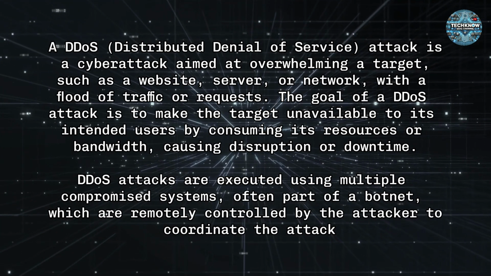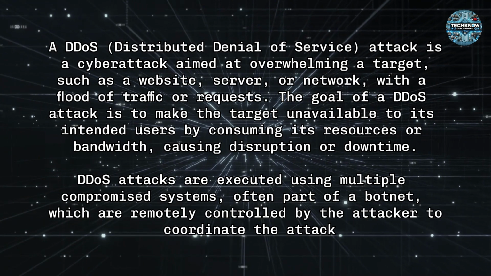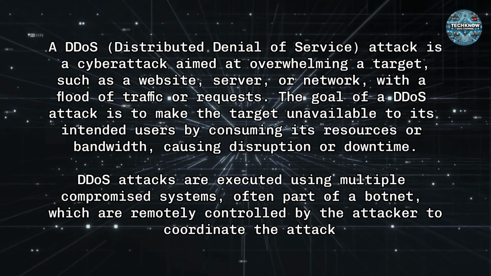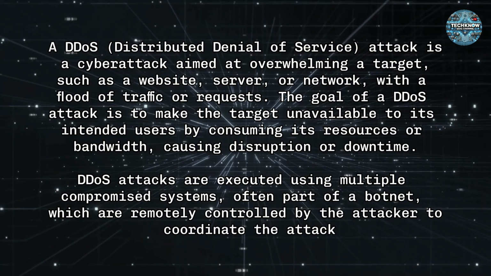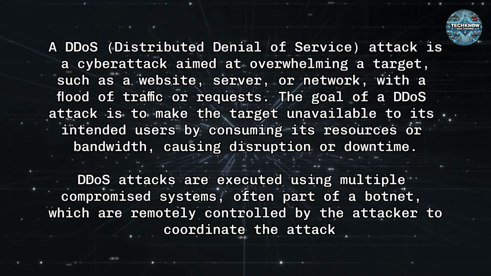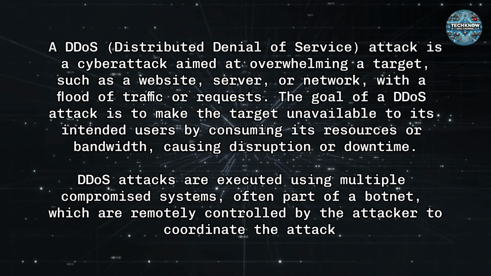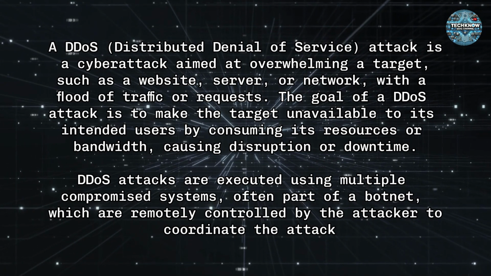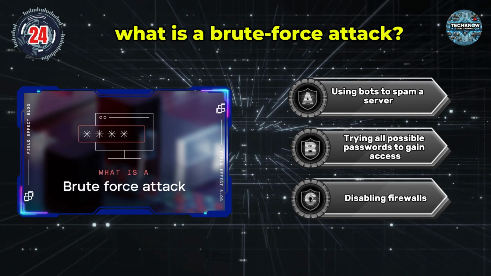The goal of a DDoS attack is to make the target unavailable to its intended users by consuming its resources or bandwidth, causing disruption or downtime. DDoS attacks are executed using multiple compromised systems, often part of a botnet, which are remotely controlled by the attacker to coordinate the attack.